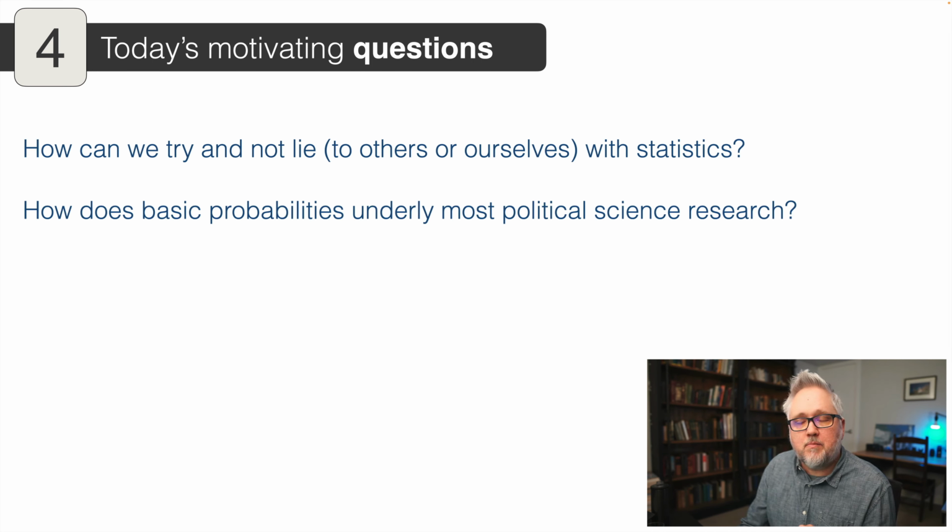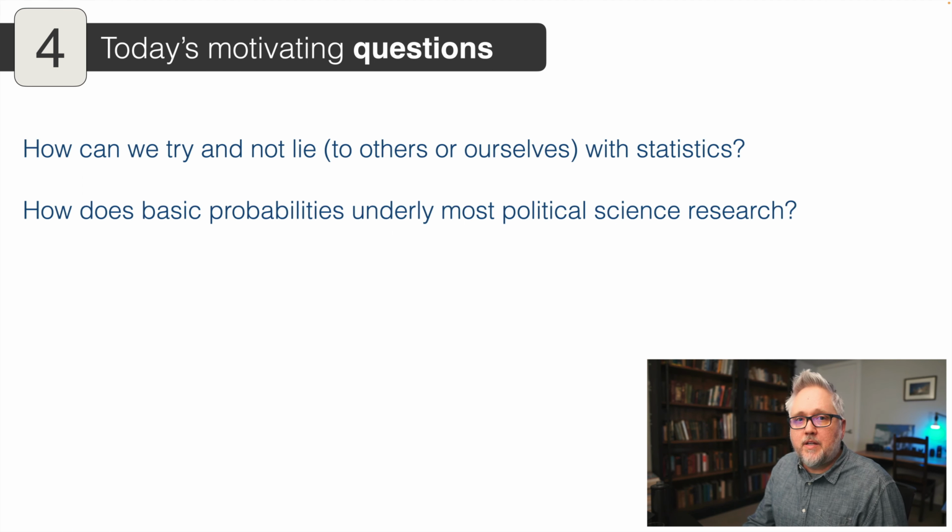We talked about basic probabilities, how they're used to understand most of political science research, that we have estimates, descriptive or causal inferences that we estimate, right, with a correlation coefficient, the tabular goodness of fit analysis or regression analysis.